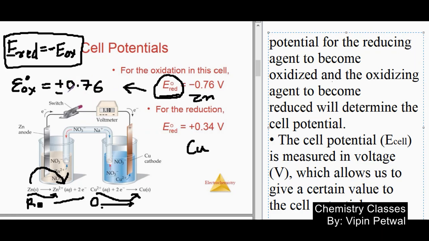And in the case of copper, reduction is occurring, so it is okay to write the reduction potential, but we must use reduction potential in place of oxidation potential. This is the convention, and we convert it simply by putting the minus sign before the oxidation potential value. Is that clear?